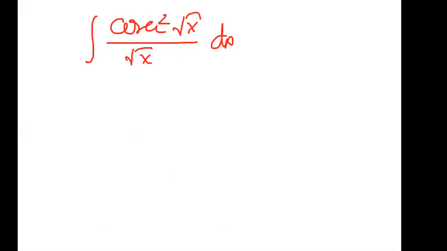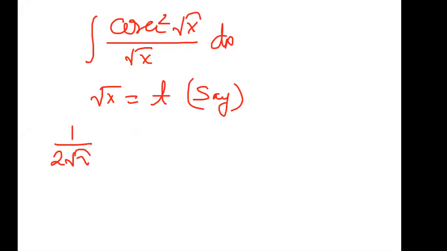In this question, I must suppose square root of x as t, that is supposing only. So differentiation of root x is 1 by 2 root x, dx will be equal to dt. I need to calculate the value of 1 by root x dx, so I'm writing it 2 dt.